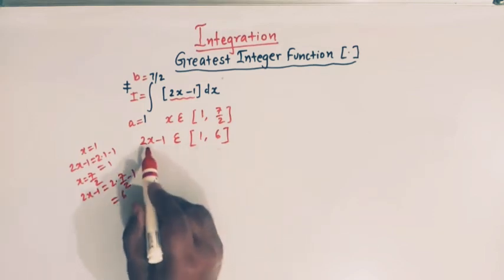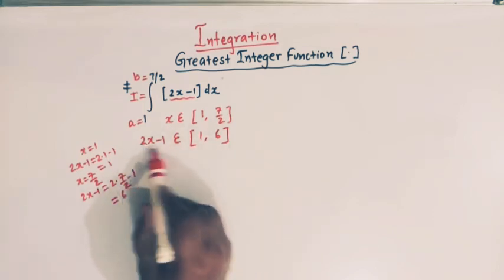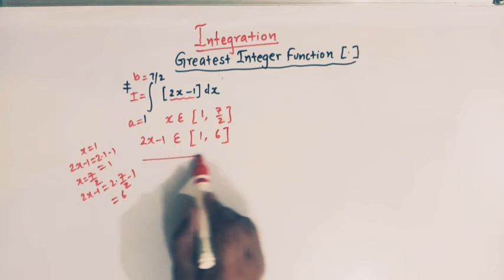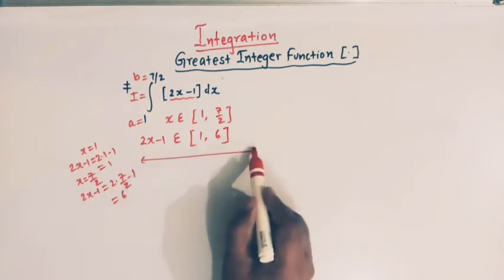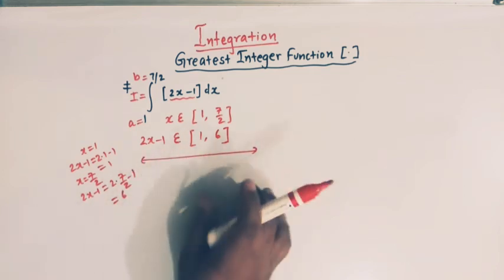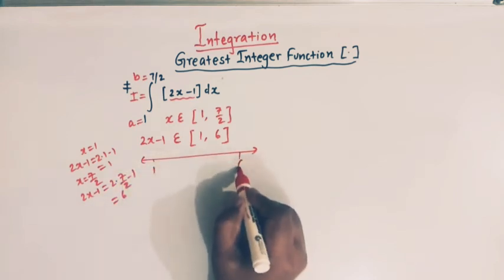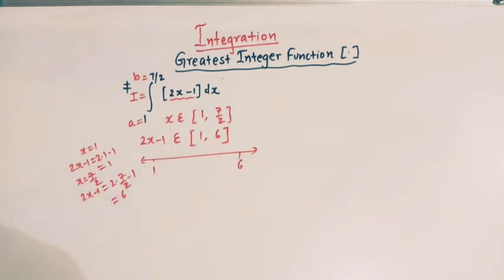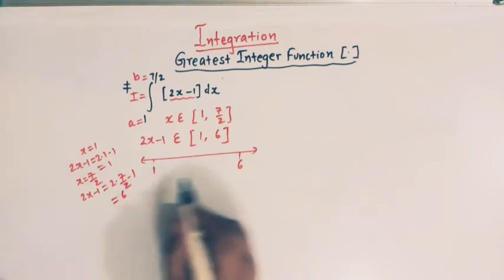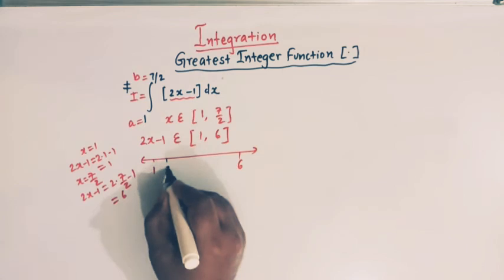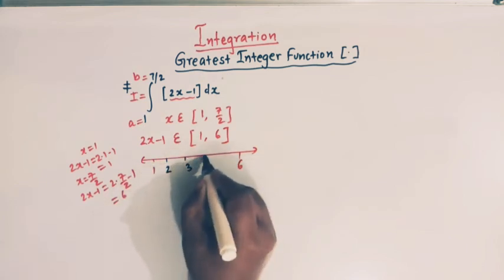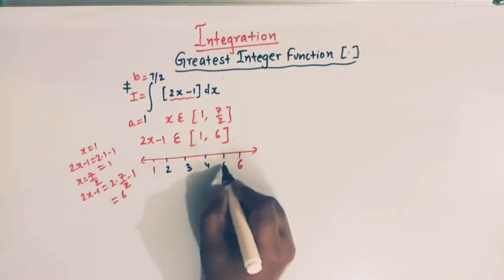Now if we represent this interval on a number line, here we have 1 and here we have 6. Then we see that the integers which lie between 1 and 6 are 2, 3, 4 and 5.